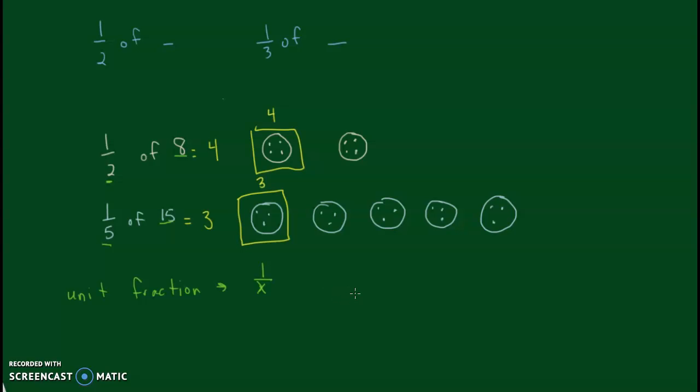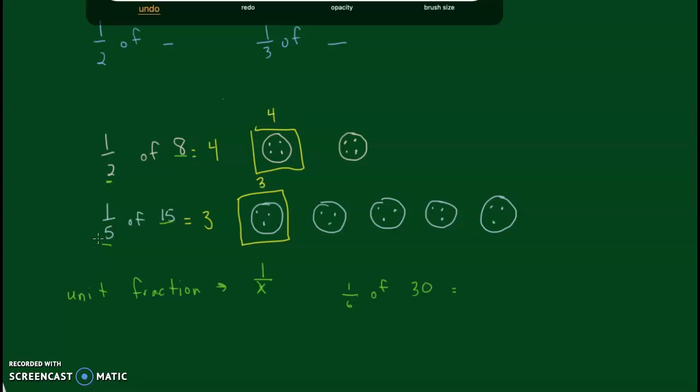So if we use a bigger number here, for example, let's do 1/6 of 30. Now I'm not going to draw the picture here, but since 1/6 is a unit fraction, 30 divided by 6 is 5.